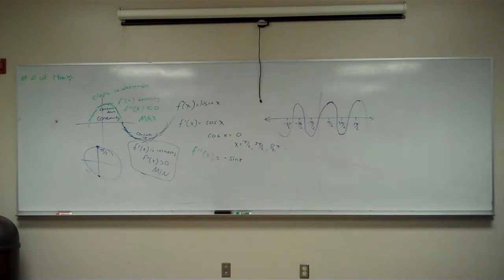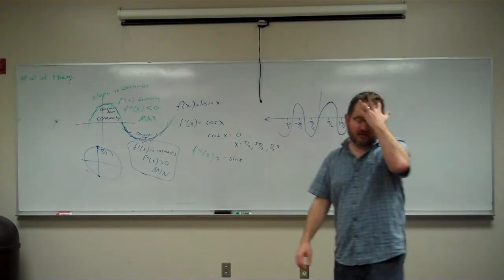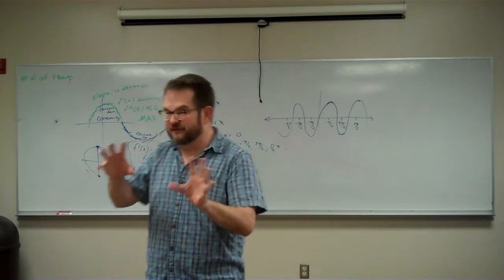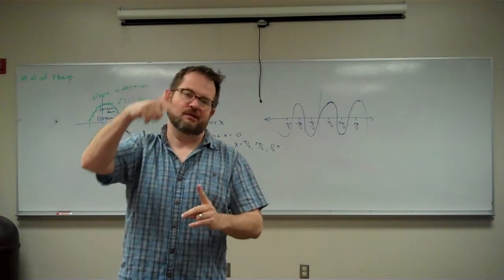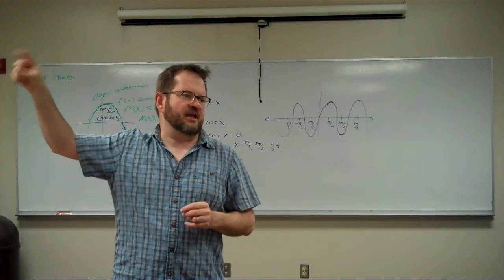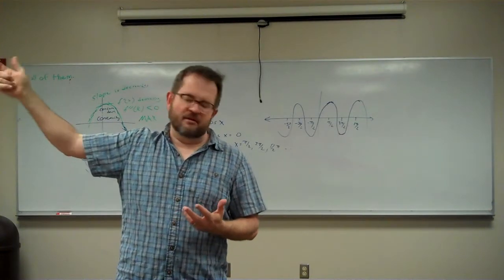So this business of applying the second derivative is what your textbook is calling the second derivative test. They're making way more out of this than it needs to be. In fact, I wish I'd left the projector on, but I don't want to warm it back up over just a little thing. Your book in this section, 4.5, is full of tables that say first derivative is 0, second derivative is positive, therefore it's concave up and a minimum, and things like that.